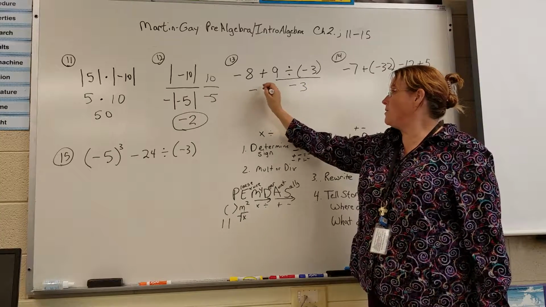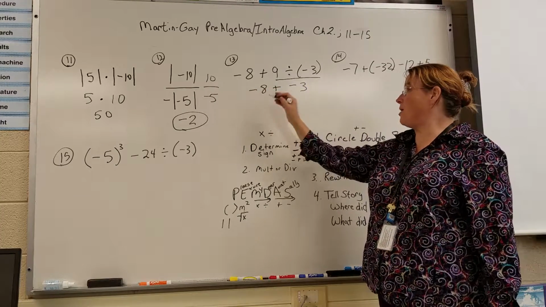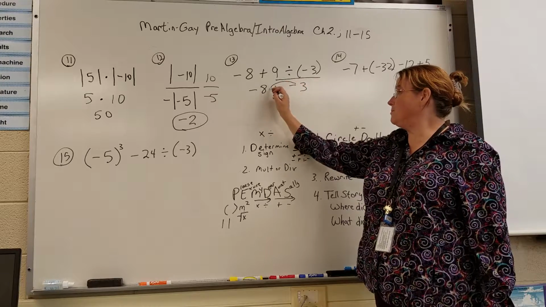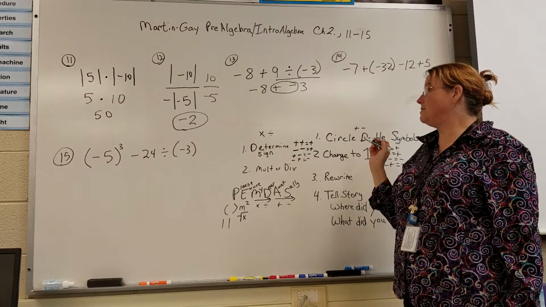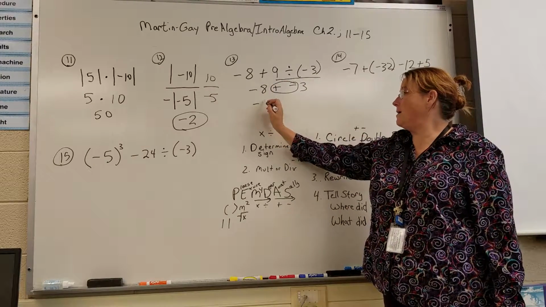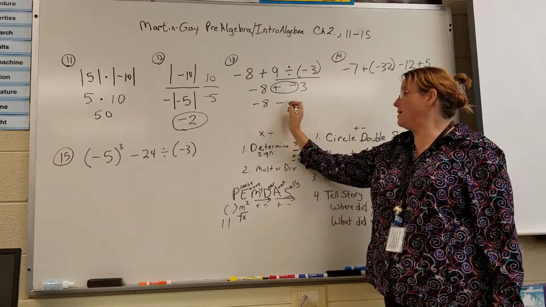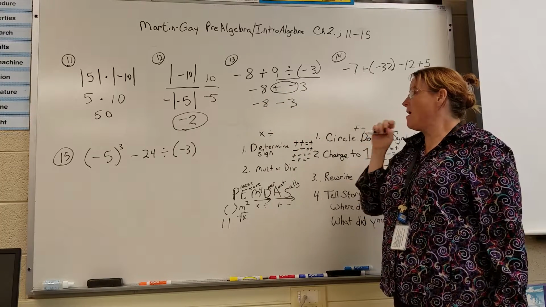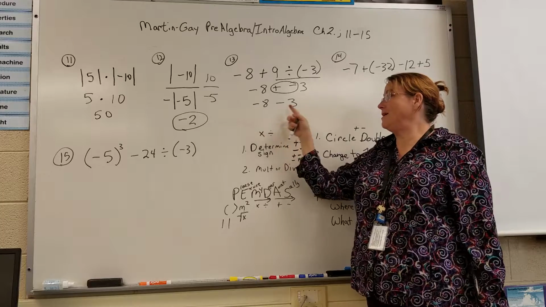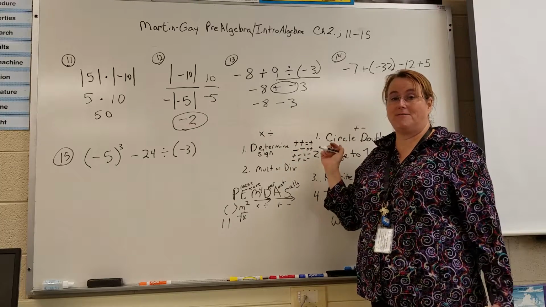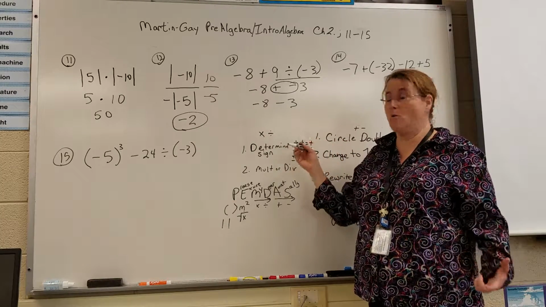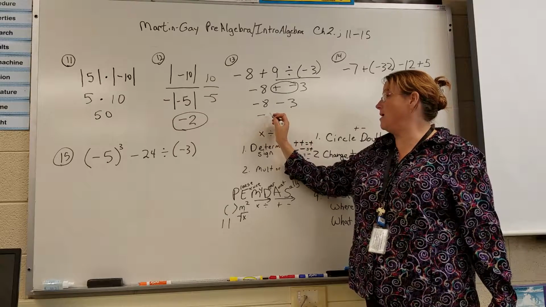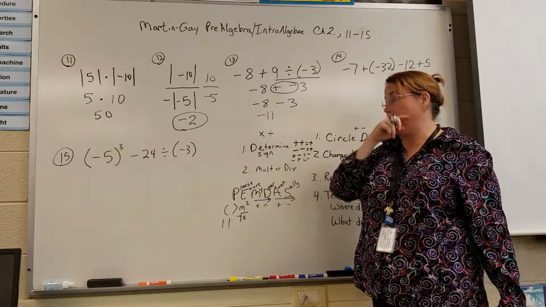So I bring along what's there. This is now my new problem. I now have a double symbol, plus and minus. So I write minus 8, a plus and a minus is a minus, and a 3. I have 8 minus signs, and I have 3 minus signs. All I have are minus signs. So I'm going to have a lot of minus signs, and I add them together, and I get minus 11.